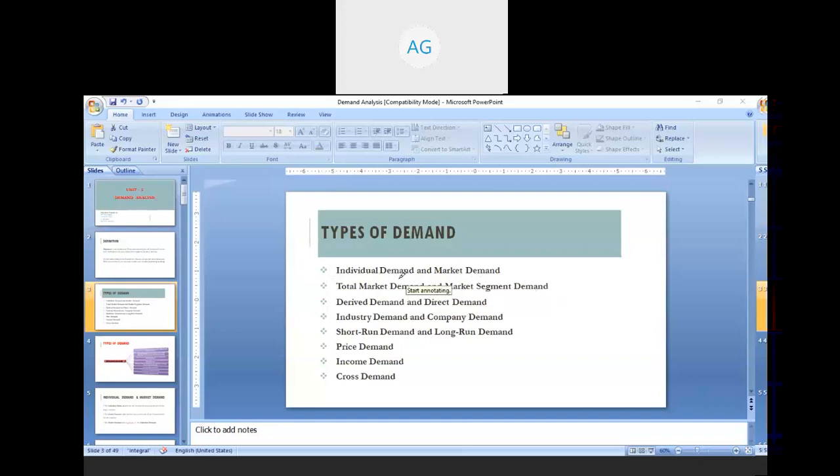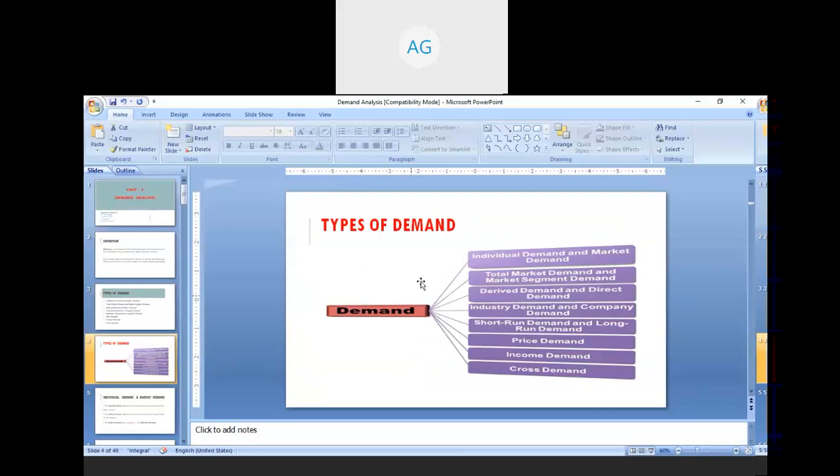These are the 8 categories of demand. Moving to the next slide, because it is very difficult to understand from this slide, I have also made a diagram of these types of demand in the next slide. From here you can easily understand.